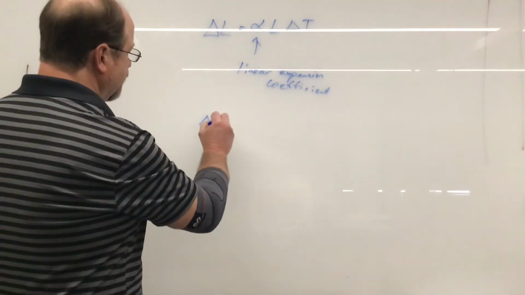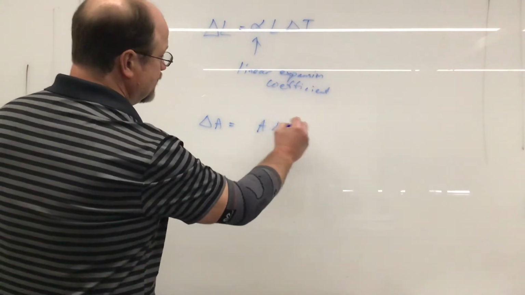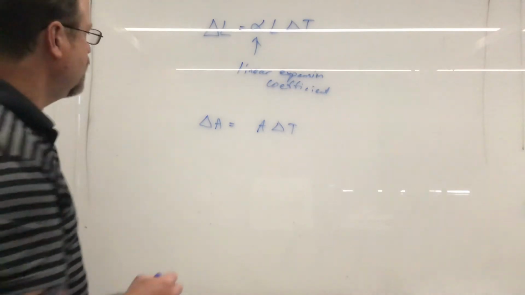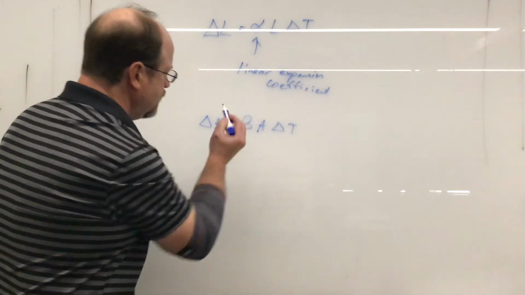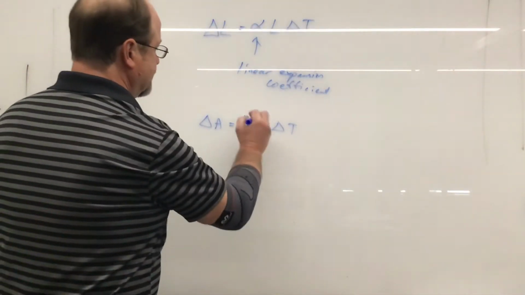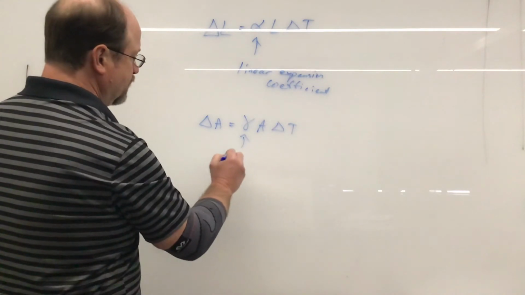And the change in the area is again related to how much area you started with, how much change in temperature, and then there is an area expansion coefficient, which if I remember correctly is beta, typically, and that's a less common thing. No, I have it reversed. That's the volumetric one. It's a gamma. And again, that is an expansion coefficient for area.